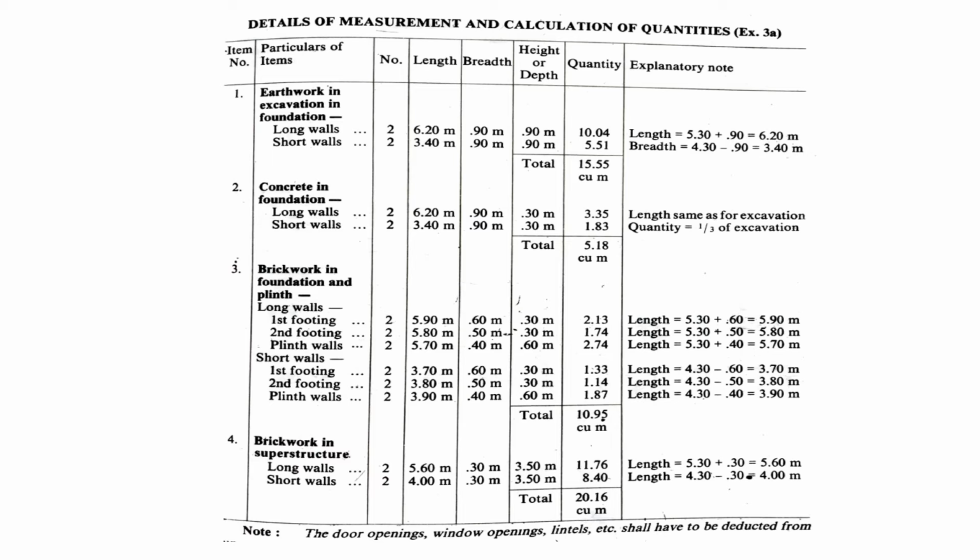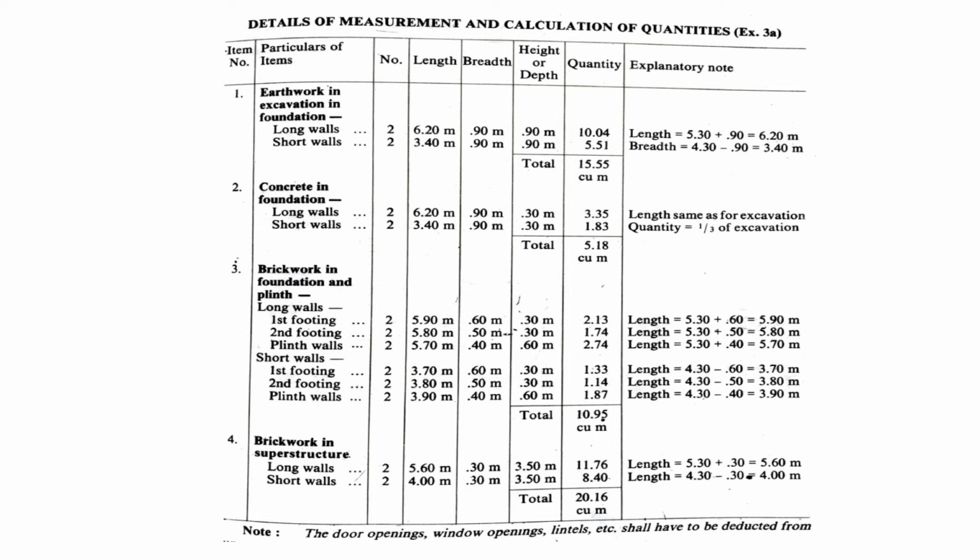From this, the length is 6.2 meter, breadth 0.9 meter, height 0.9 from the ground level to the base. Totally we have 10.04 m cube. Same as for short walls, two numbers. The length is 4.3 minus 1 width is equal to 3.4 meters.